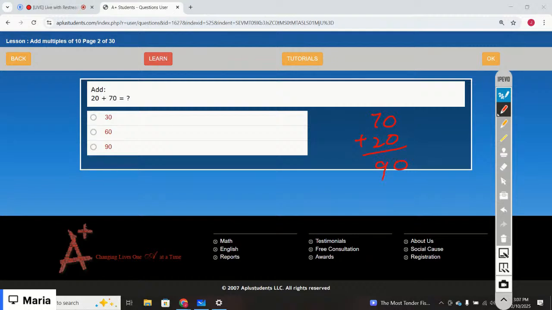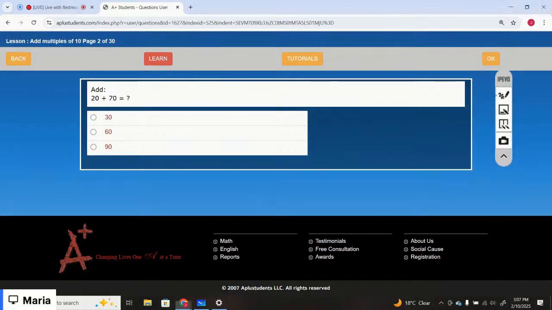So that is 90. 70 plus 20 is 90. The correct option is option number 3, that is 90. Very good.